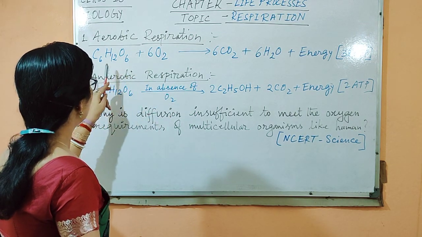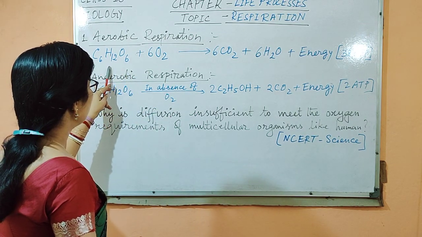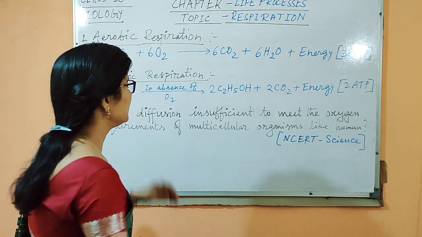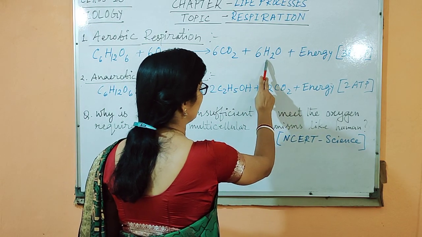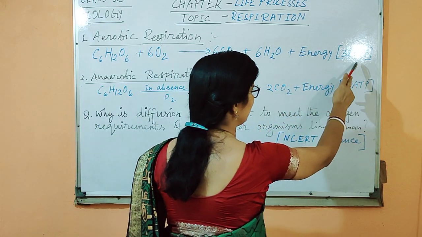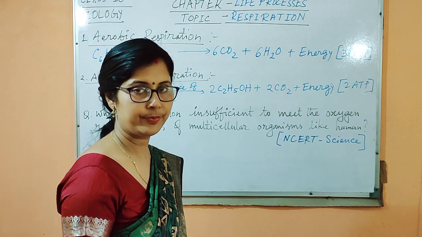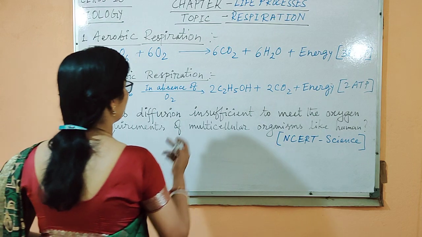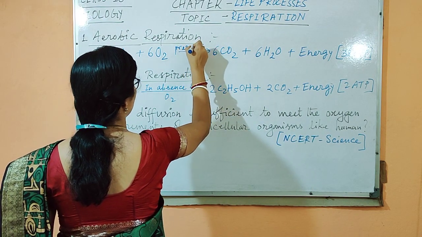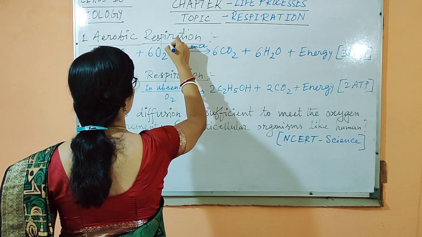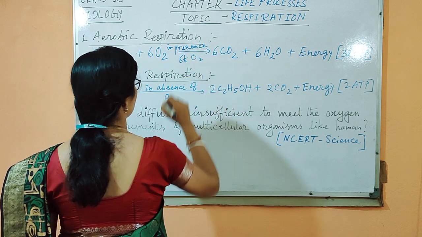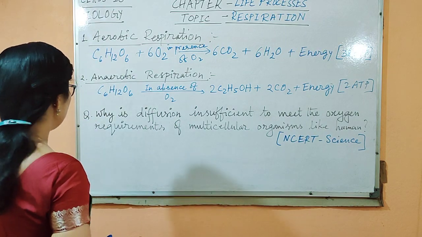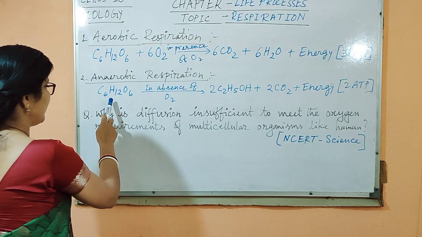Aerobic respiration: one molecule of glucose in presence of 6 molecules of oxygen breaks down and produces 6 molecules of carbon dioxide, 6 molecules of water, and 38 ATP molecules of energy are released under aerobic condition, that is in presence of oxygen in environment. Whereas anaerobic respiration can be represented this way.